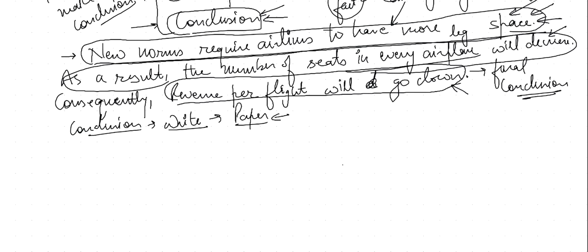And why am I asking you to write it on the paper? Two things. You will be doing it on the exam day as well. So whatever you will be doing on exam day, you better practice it while you're doing questions. That's one thing. Second, answer options can be complex, can be very tricky, difficult to understand.